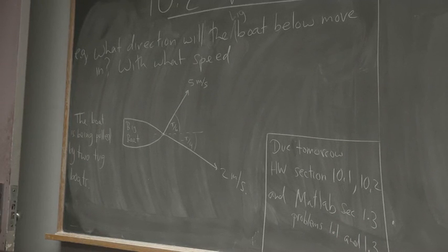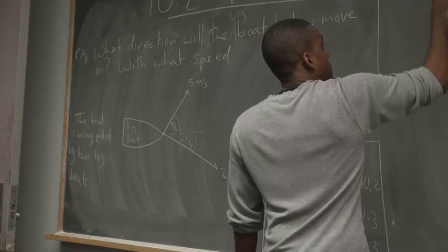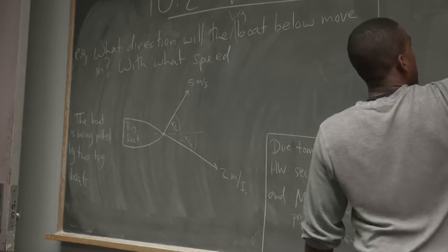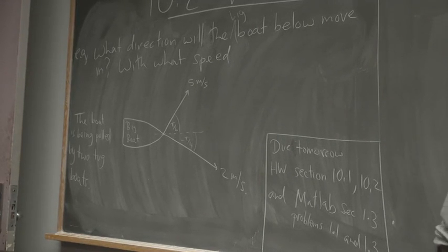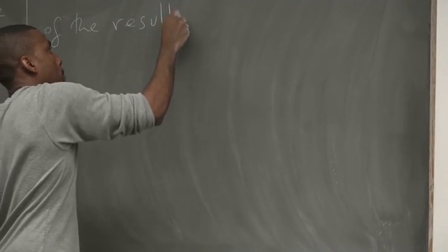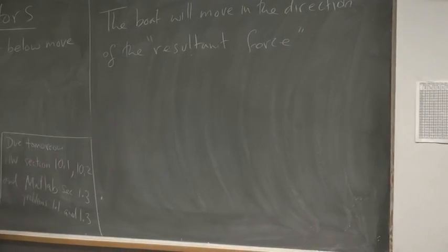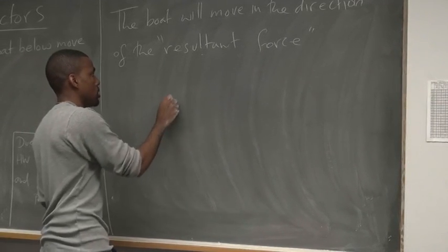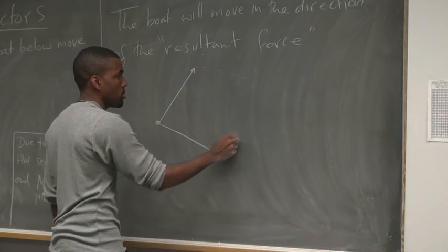How would you actually solve that? To use the language of physics, there's something called a resultant force, which means if there's one force pulling that way, another force pulling that way, then the result is actually going to be the sum of these forces.